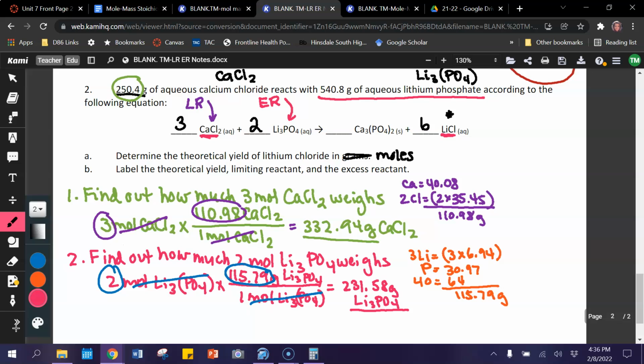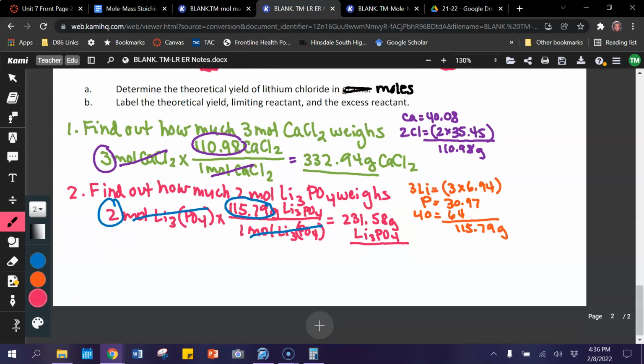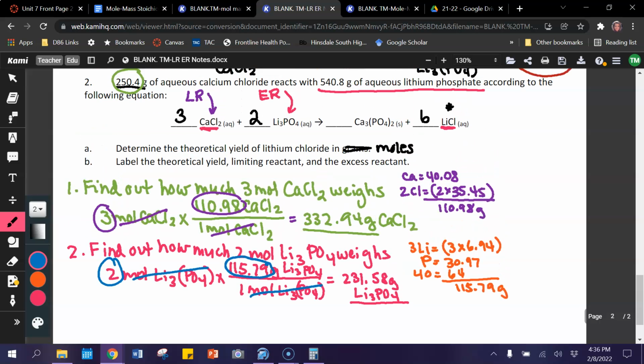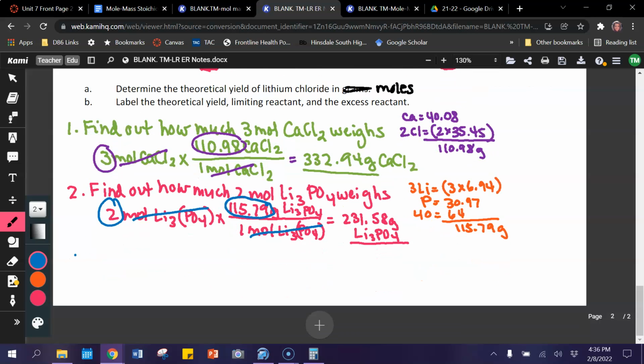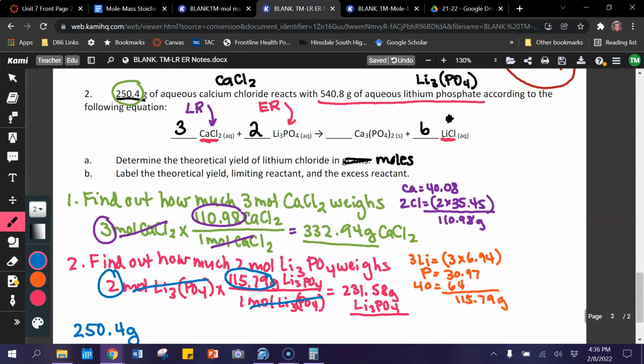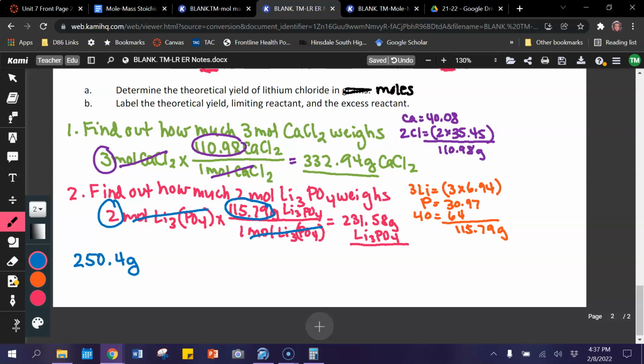Okay, so if we look back at our problem, we see that we have only 250.4 grams of calcium chloride, and that is our limiting reactant. So let's use a different color here. Let's use blue. Oh shoot, now I forgot the number. 250.4. So we have 250.4 grams of calcium chloride.